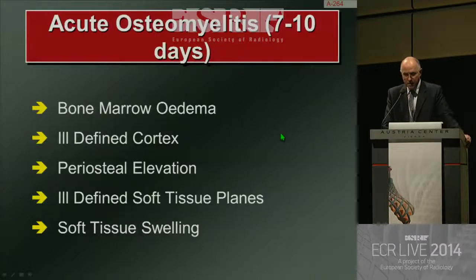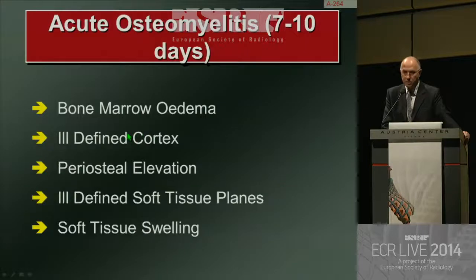So what is the definition of acute osteomyelitis? It is the definition where the infection is there within a few days and up to maximum 10 days of it having been implanted. And the signs are therefore going to be predominantly myelitis. The bone marrow is going to show a lot of changes.